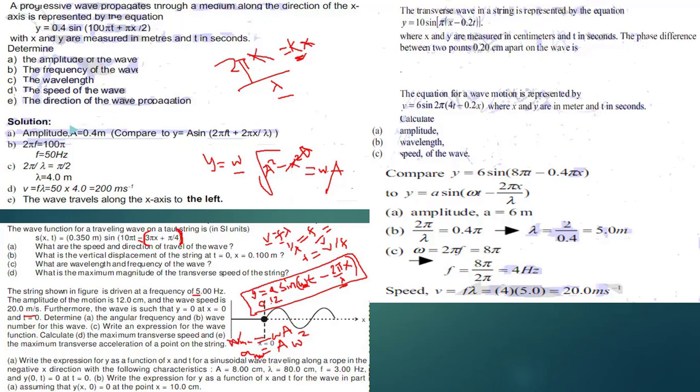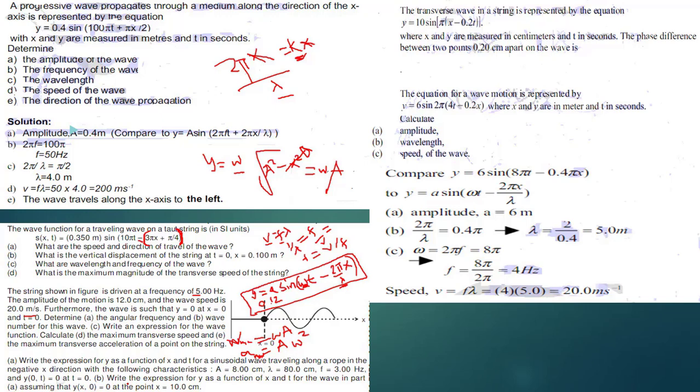So in the last part we have another question ambao similarly kama ile juu, where we have to write an expression. Tumepewa values mbalimbali kama amplitude ni 8 centimeters, na wavelength umepewa na frequency umepewa. You have everything, so write the expression.